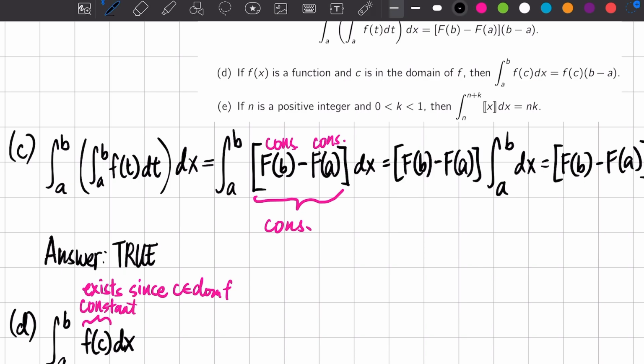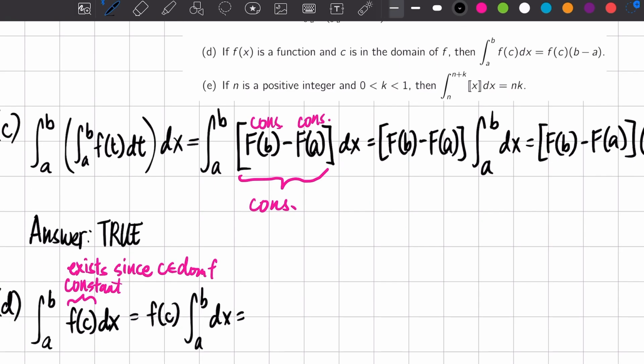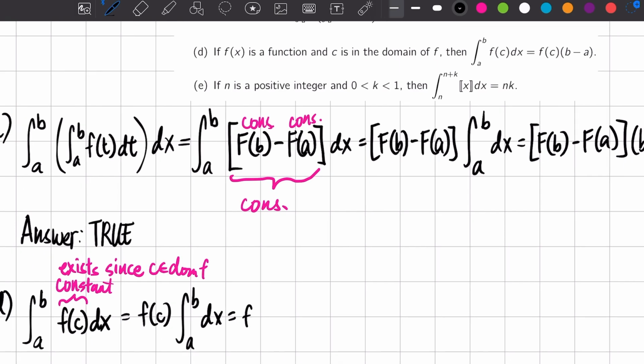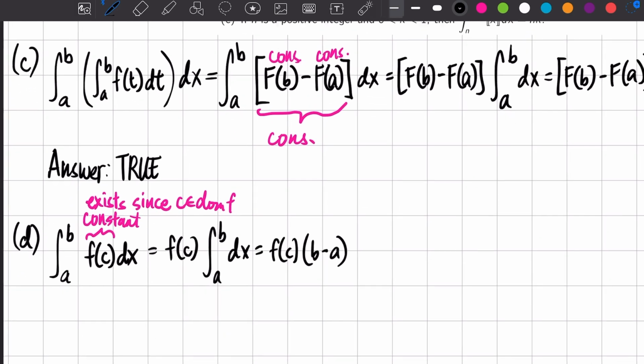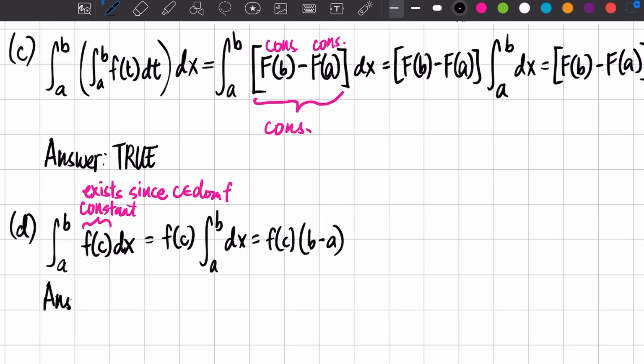So we can just move that outside. You have f of c times the integral from a to b of dx. And so, we have here f of c times b minus a. So the answer is true.